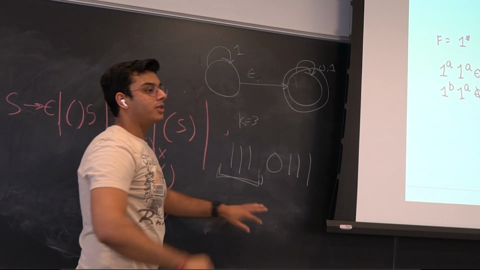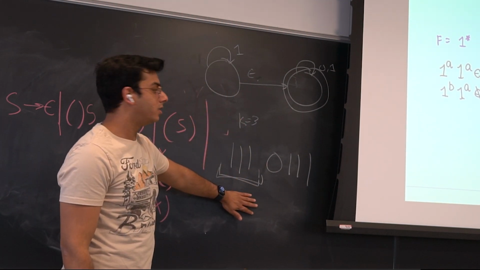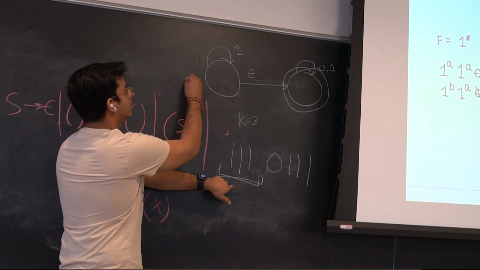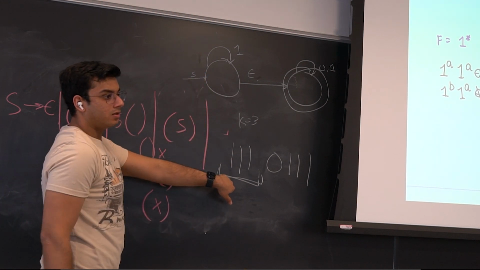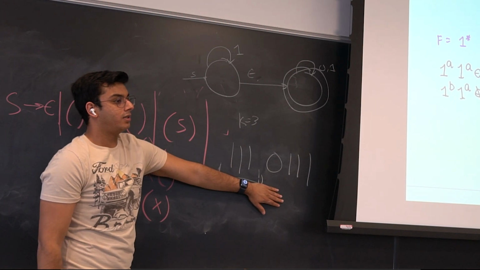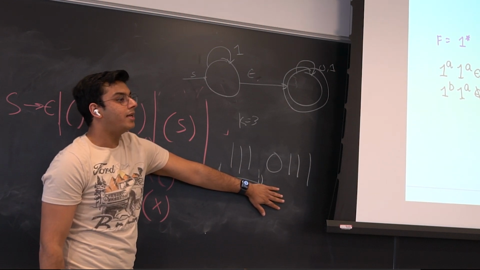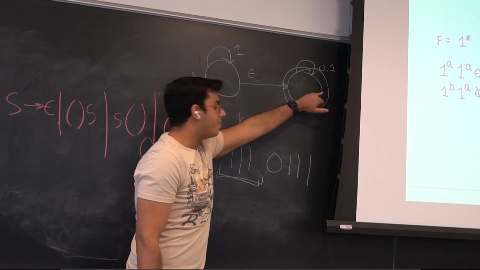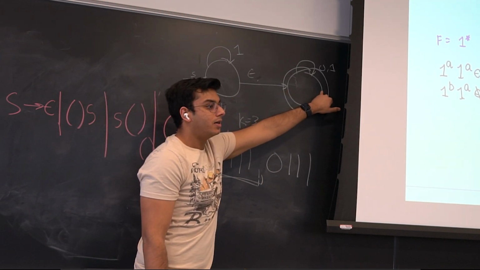So I'm just trying to build an NFA that accepts this, right? Let's start here. Does this NFA accept this string? Yes, right? So it takes 3 ones, epsilon, and then it reads everything else, right?